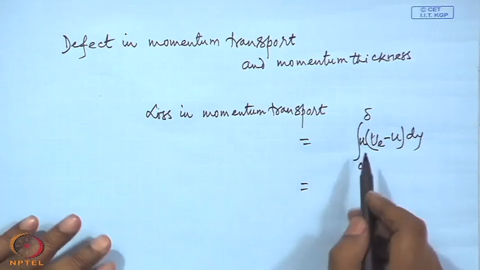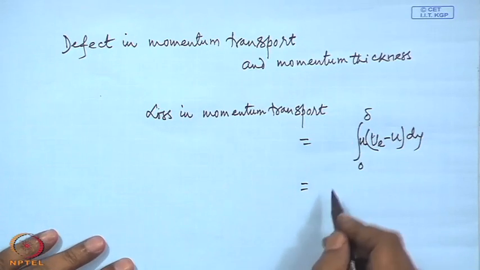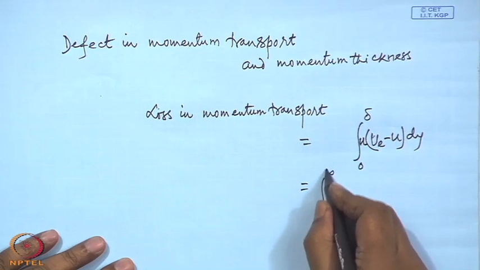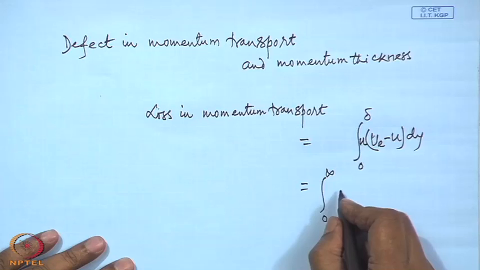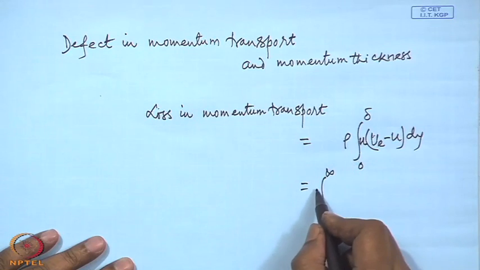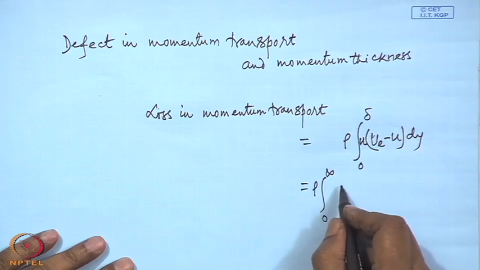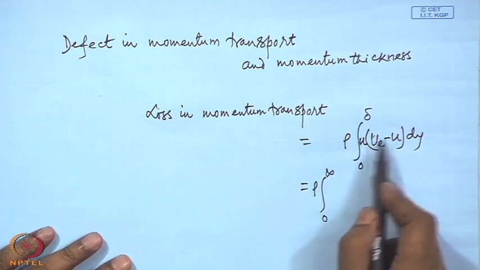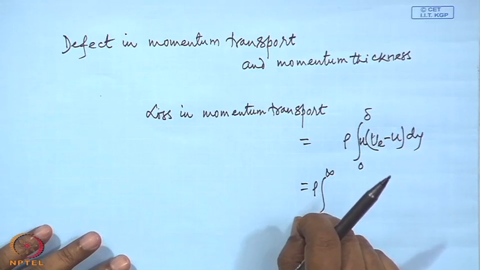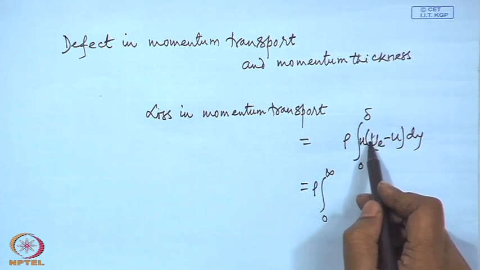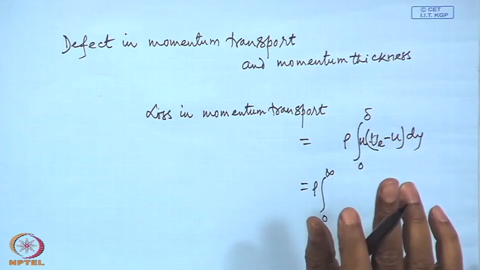Actually, there will be a rho also. So, 0 to infinity, or if you want to keep that rho, okay, let us keep rho, because this density is constant, we have not taken it inside the integration. If you want to consider density variation, then this density will be there inside here, rho e u e minus rho u.